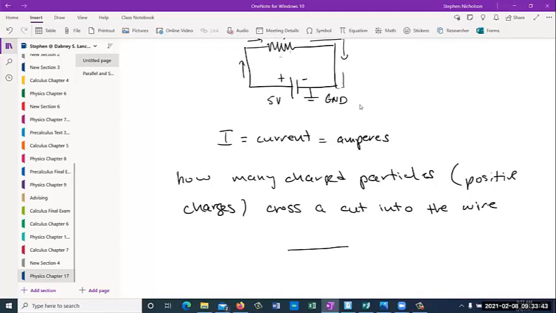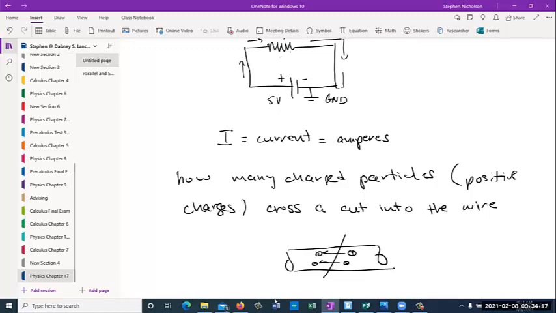Drawing this wire, we think of cutting it, and you've got these positive charges moving, in this case from right to left. How many of these pass this virtual cut, not an actual cut? If we counted the number of charges up, those charges would have a certain value in coulombs.